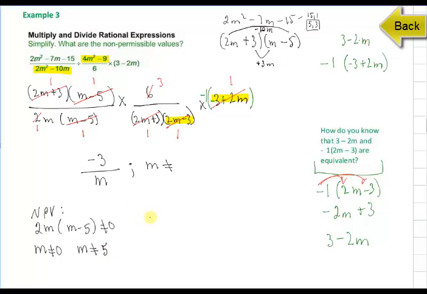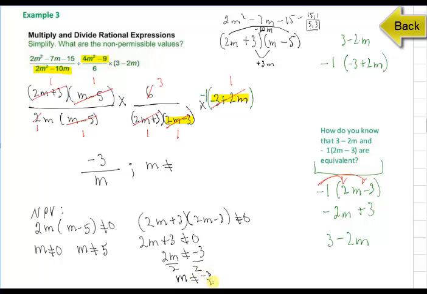And then for the 4m squared minus 9, I already factored it into 2m plus 3 times 2m minus 3. And so when I take the first factor and make it not equal to 0, I need to solve for 2m to start with, and then for m, so I'm going to divide by 2 here, right? So m cannot be equal to negative 3 over 2.